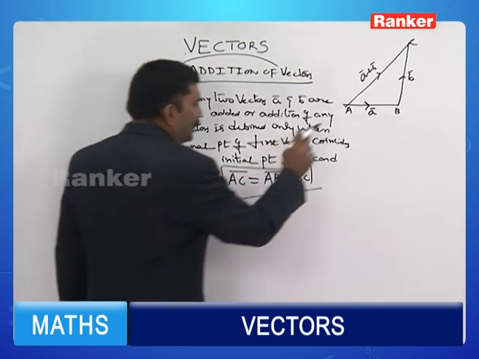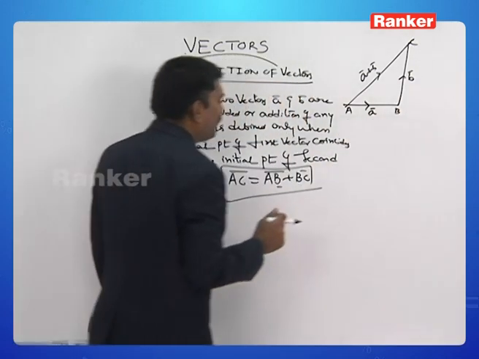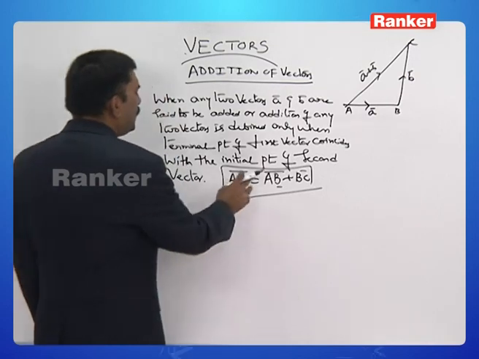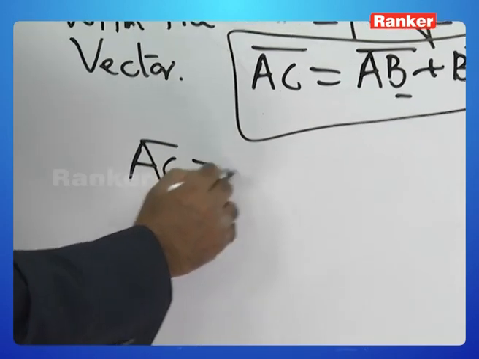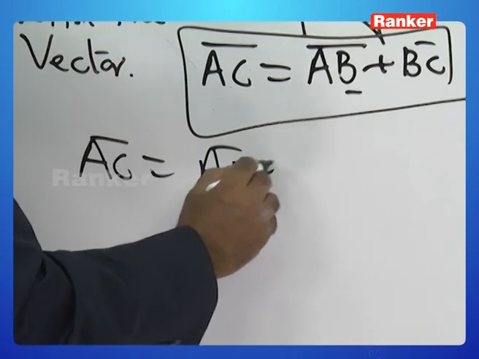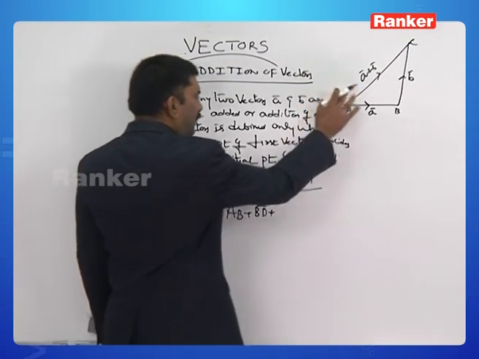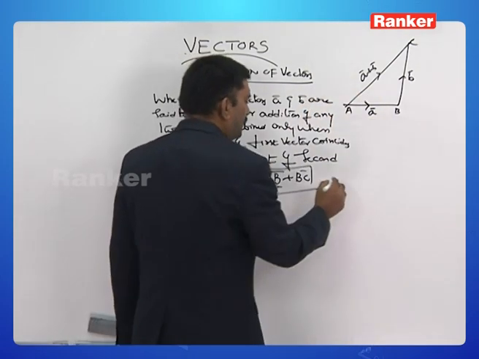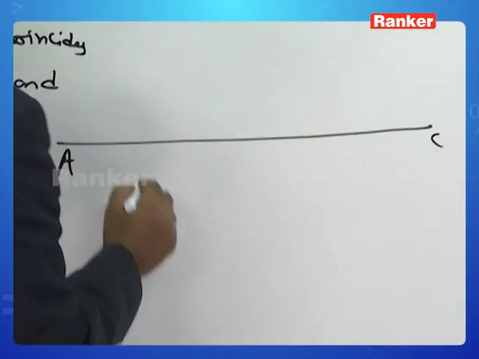So therefore, to become a triangle, this must coincide. Then it forms a triangle. Now this is for 2 vectors. You can go for any number of vectors. Therefore, AC bar is equal to AB bar plus BD bar. Now look here, not only for this figure. Say for example, this is the line segment, I take it for C. You can subdivide.